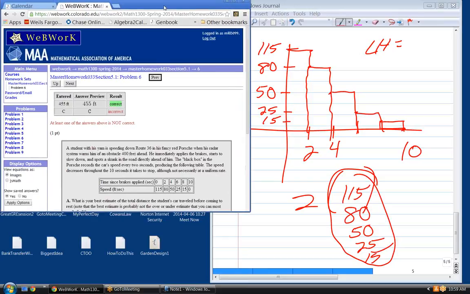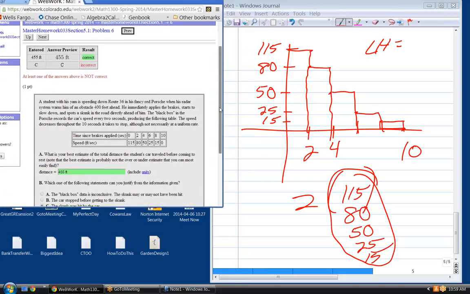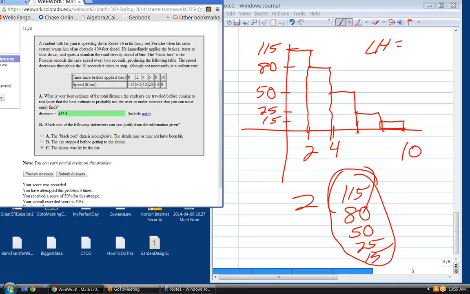Incorrect. So I think it's the skunk may or may not have been hit, huh? The black box data is the car stopped before getting to the skunk. Well, that can't be. That doesn't make sense. So the only other answer can be this. This is kind of a gift, I guess, huh?